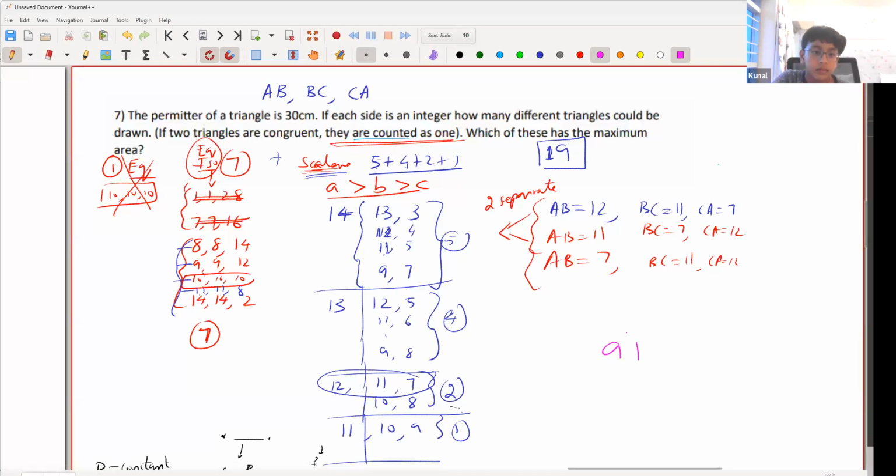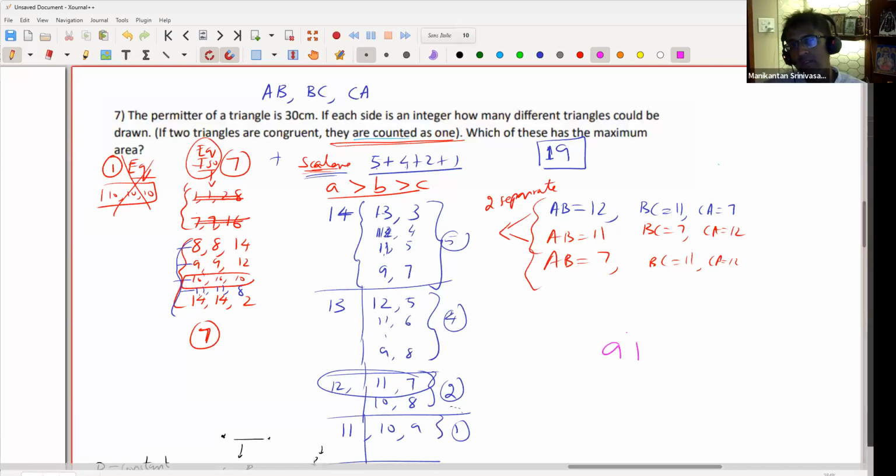Let's give one more minute for everyone to think. Okay, Apurva, you're going to say 91, how?